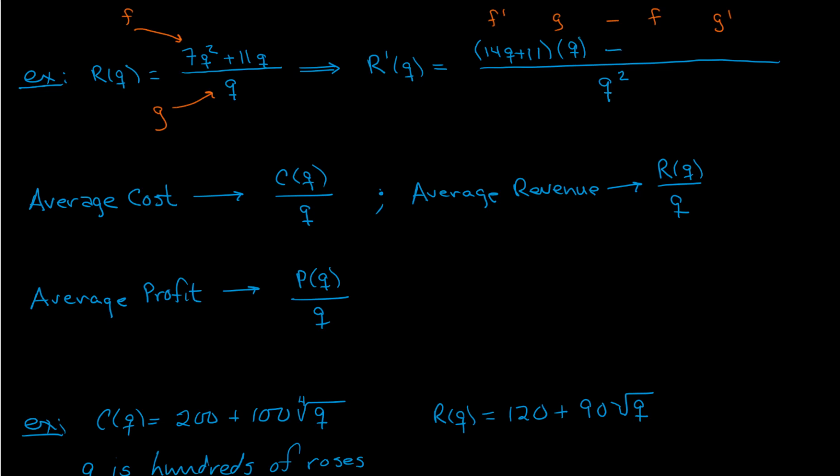Minus. Then I'm going to copy down what's in the numerator, the 7q squared plus 11q, times the derivative of g. Well, the derivative of q is just 1. Fine, I'll put that in there. Or, if you want, you can leave the 1 out, because 1 times that second term is just the second term.